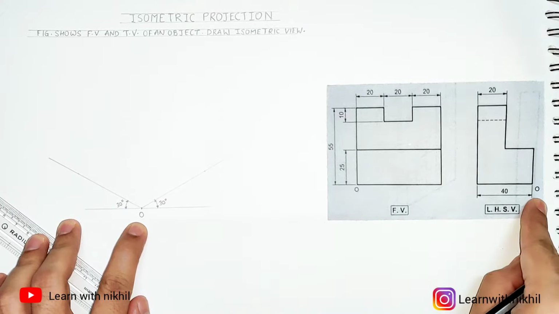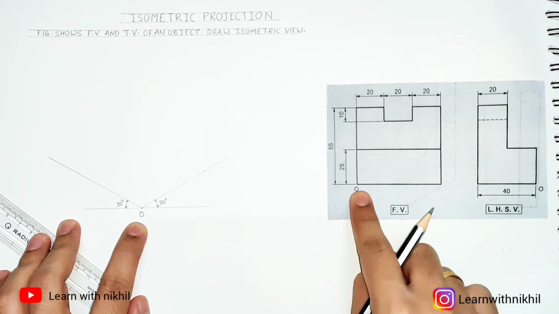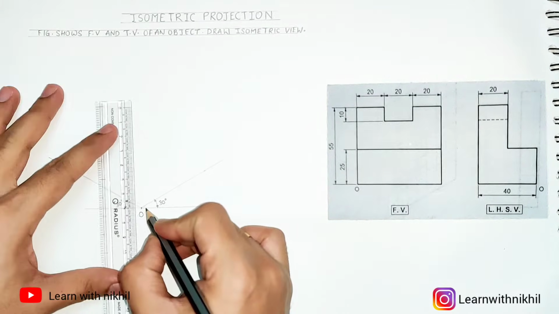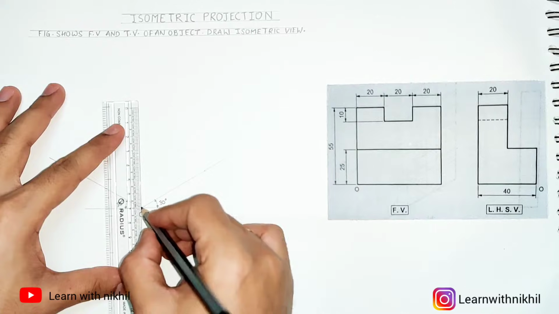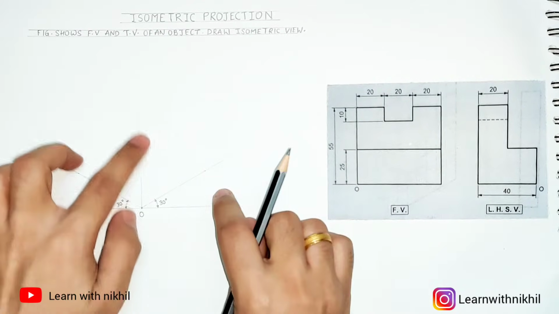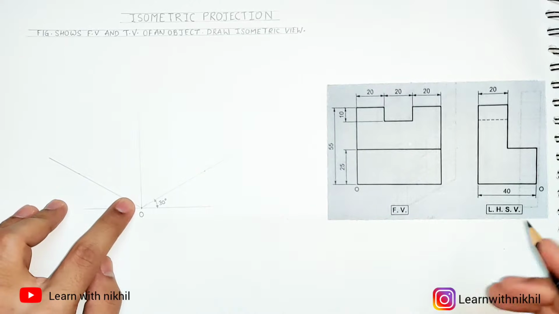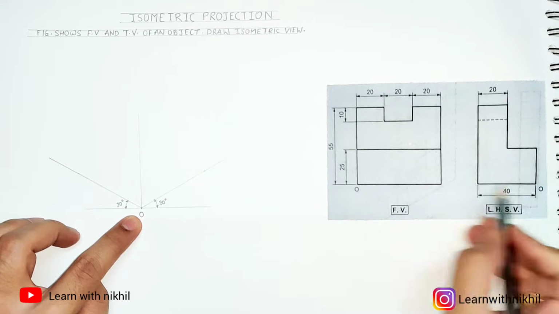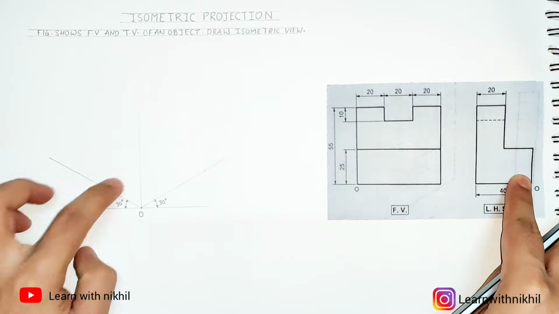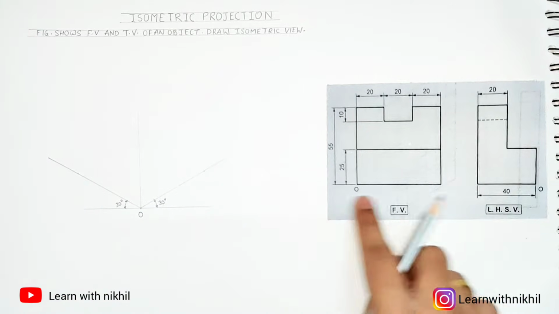After drawing the angles, this is the center O from where we will start with the sum. Before that, we will draw a straight line of 90 degree. So this will be the basic start of each and every isometric sum. Now, center O, this is the front view which will be formed here, side view will be formed here.